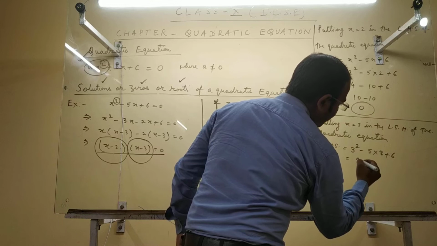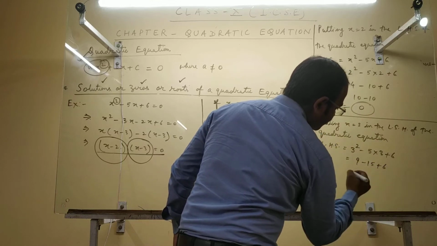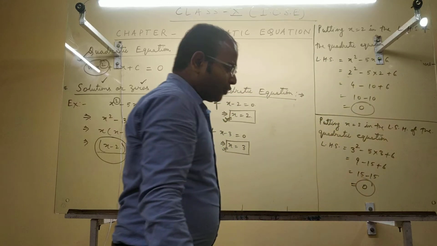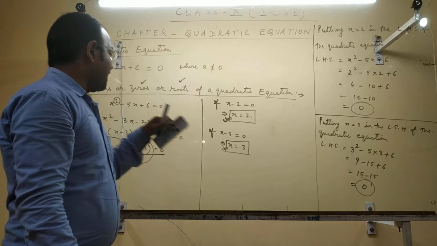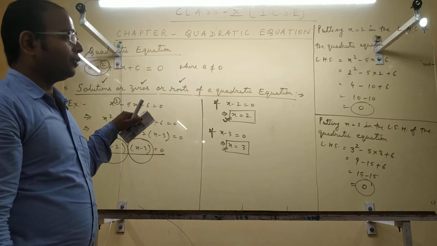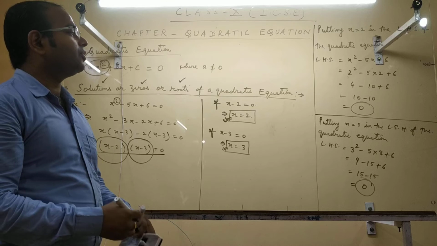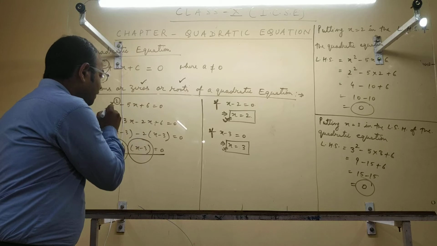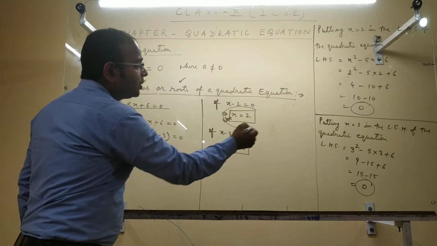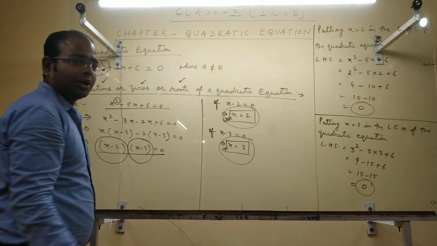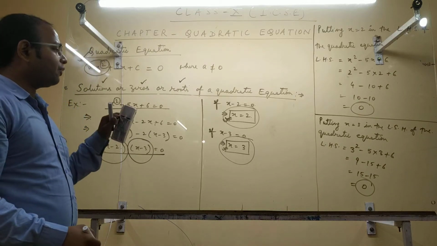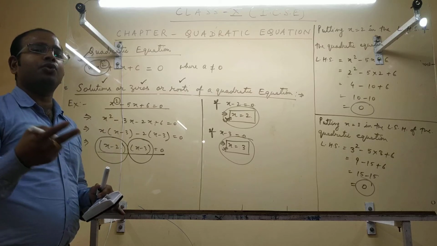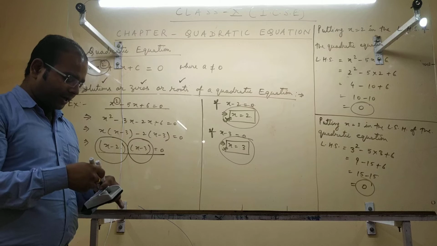So 3 3s are 9 minus 15 plus 6, which is equal to 15 minus 15, 0. So x is equal to 3 also satisfies our quadratic equation. So x is equal to 3 is the other root or other solution for the same quadratic equation. So here we have found out that this quadratic equation has two roots, x is equal to 2 and x is equal to 3. Every time when we solve a quadratic equation, we will get two roots. Whatever the possible cases about those two roots, we will discuss it later.